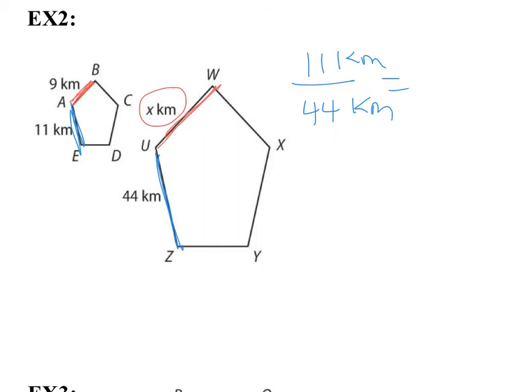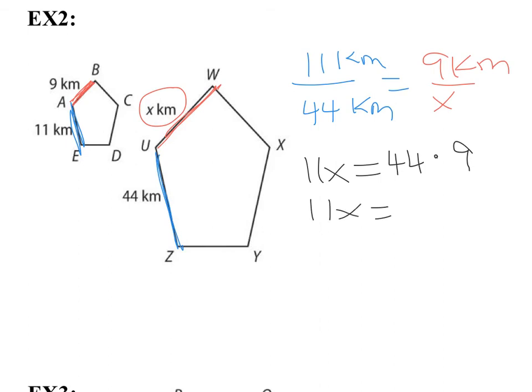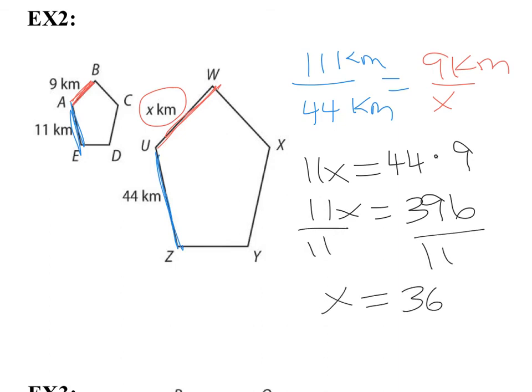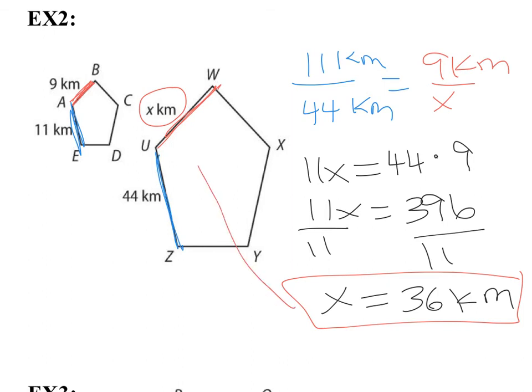And we're going to set that equal to the 9 kilometers over x. So now we're going to use the cross product. 11 times x is 11x, and then 44 times 9. So we have 11x equals 396. Then we'll divide each side by 11, and x would equal 36 kilometers. And that is our missing side length of WU.